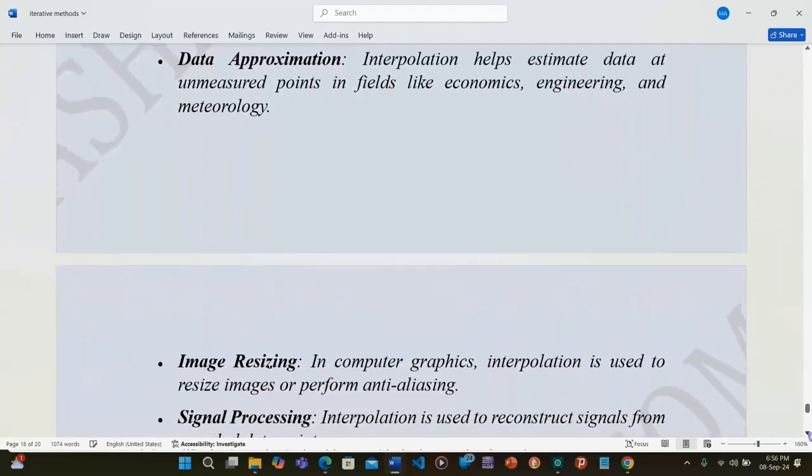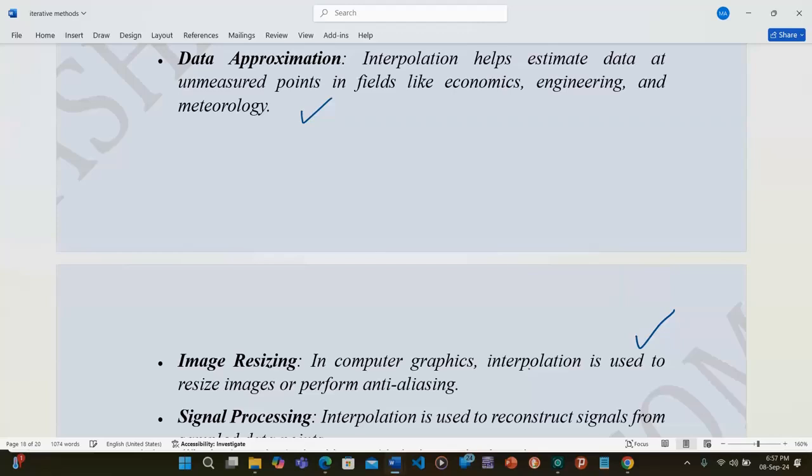The applications of interpolation are that it helps us to estimate data at unmeasured points in fields like economics, engineering, and meteorology. Then image resizing in computer graphics: we use interpolation to resize.